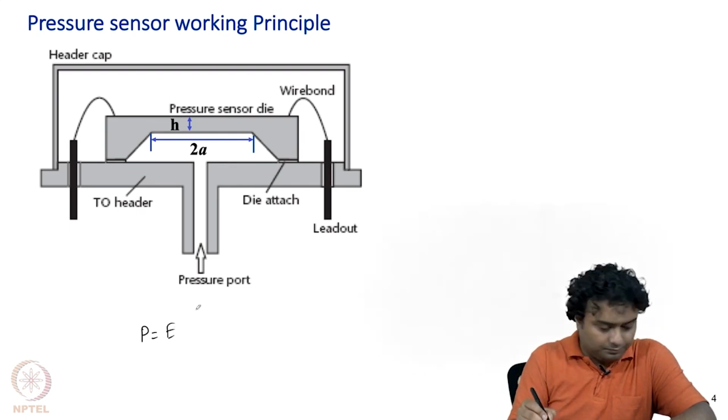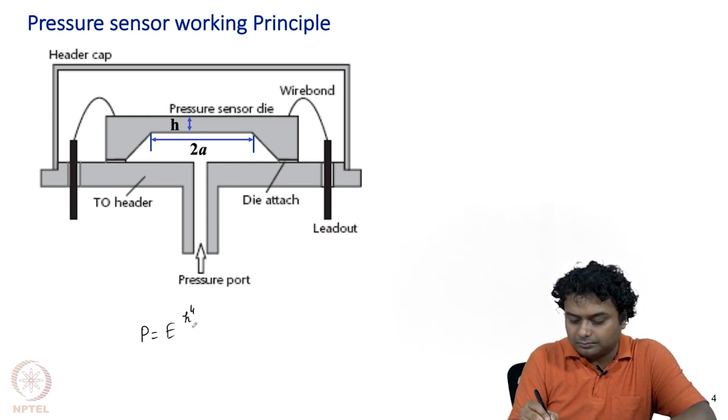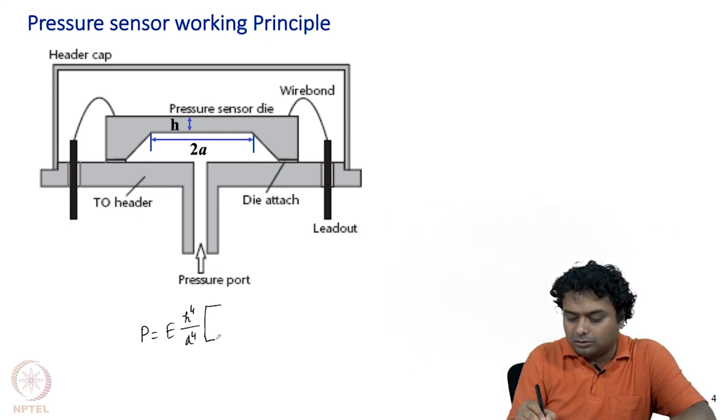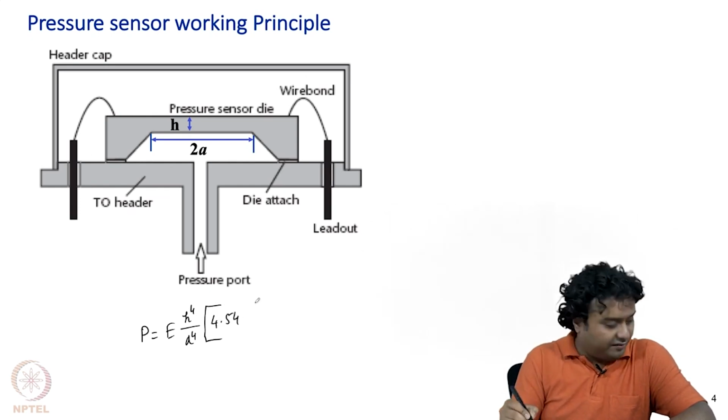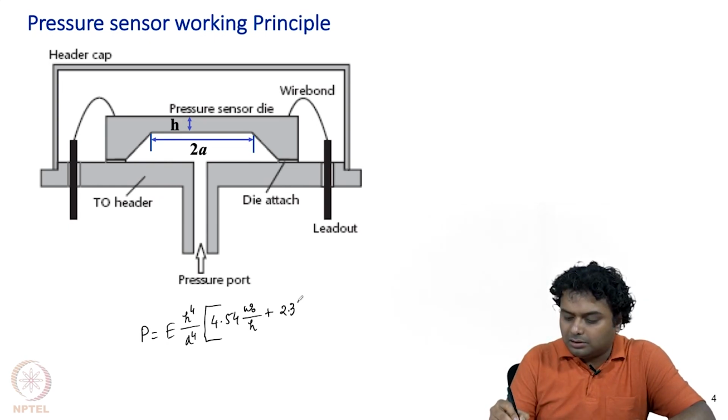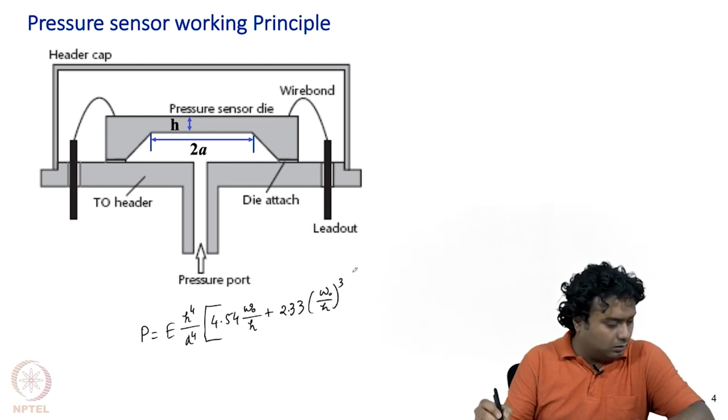E into H to the power 4 by A to the power 4, into 4.54 W0 by H, where W0 is the deflection of the membrane, plus 2.33 into (W0 by H) whole cube.